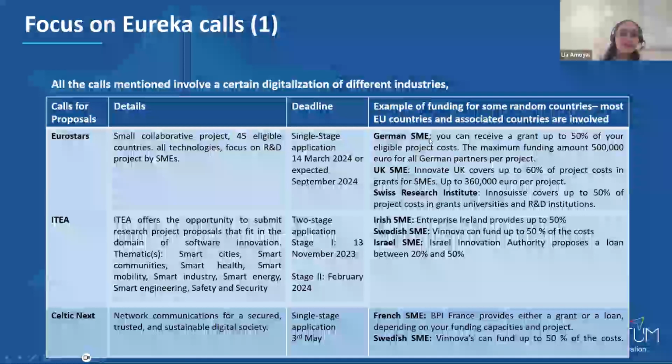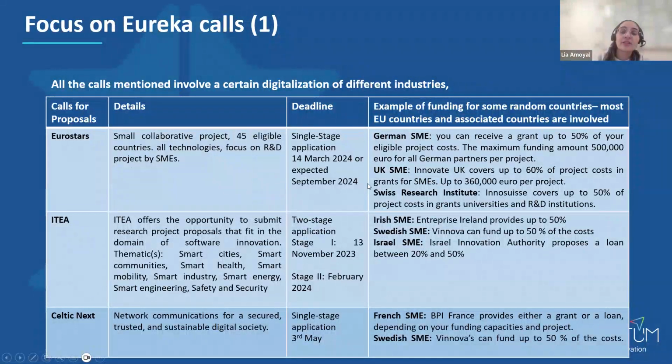Sometimes, for example, you can have countries such as the UK that fund SMEs but decided not to fund their research institutes. So that's something very important to check about your eligibility, because it's very nice and very promising to receive the approval at Eureka level, at European level. But then there will be a second evaluation, a second check by the National Funding Authority.